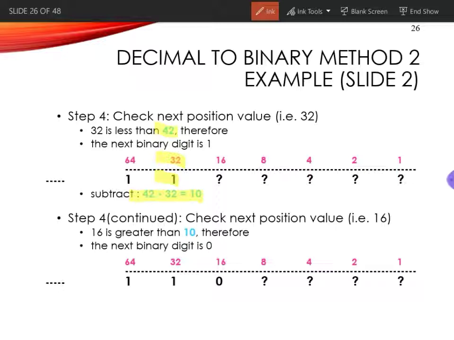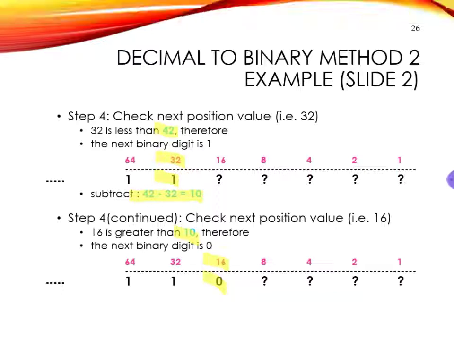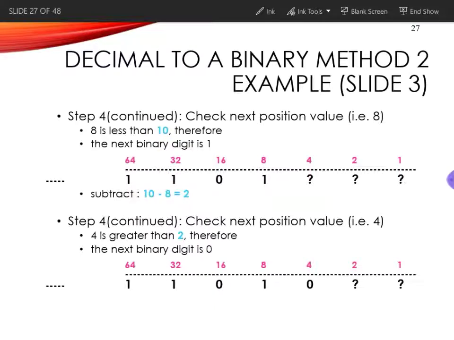The next bit that we have, the value of that is 16, and 16 is greater than 10. So we mark this as 0. We now go to the next position, which is 8, and our number is 10.